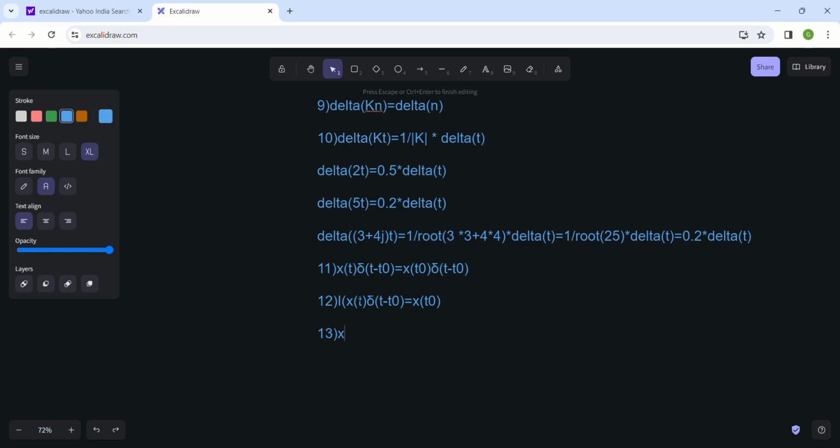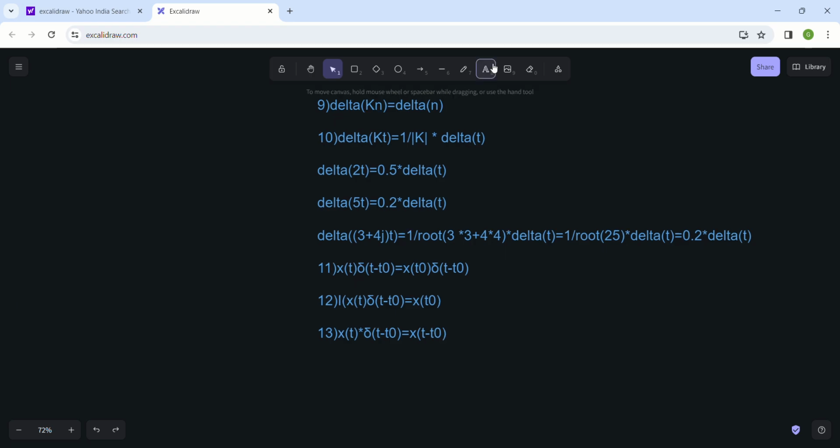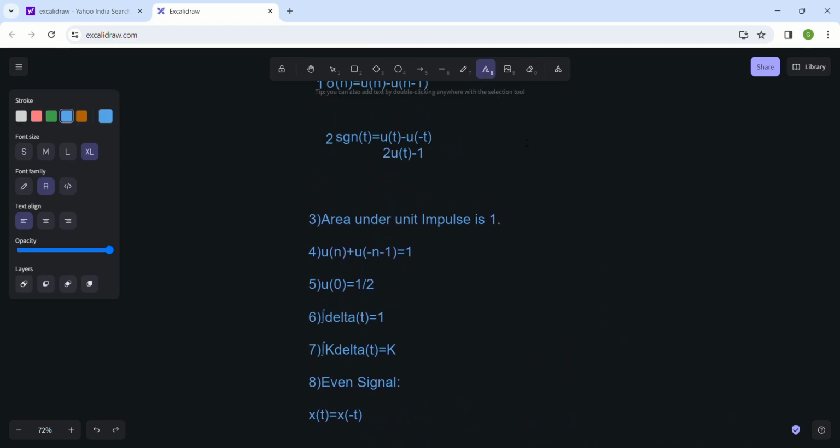The 13th one: x of t convolved with delta of t minus t naught will give x of t minus t naught. Convolution I will explain later. So up to now remember these 12 formulas.